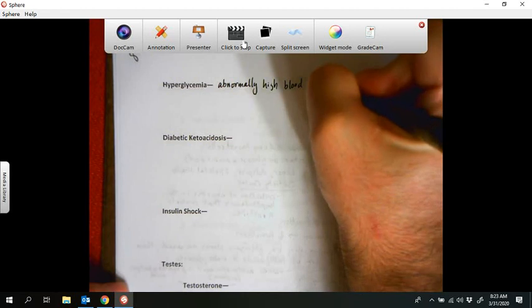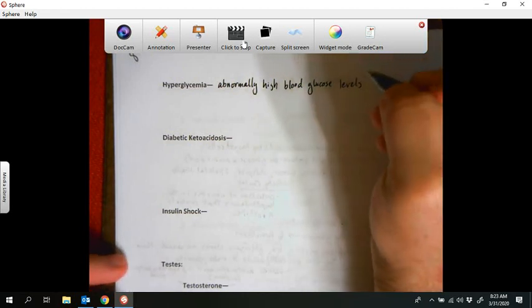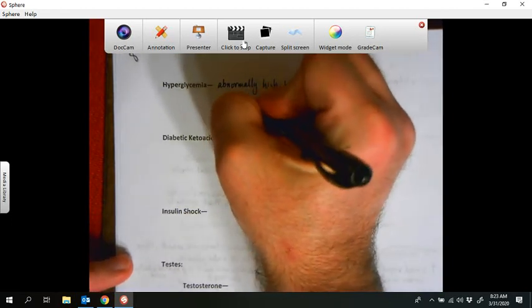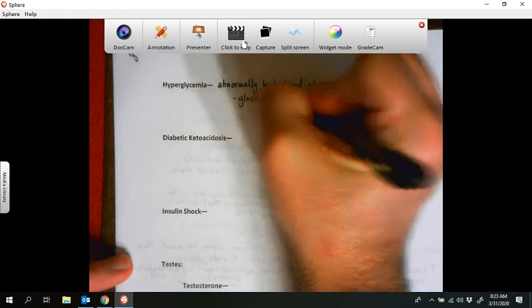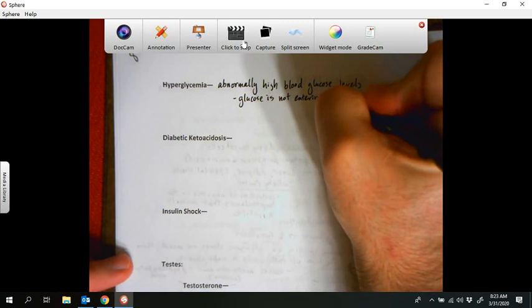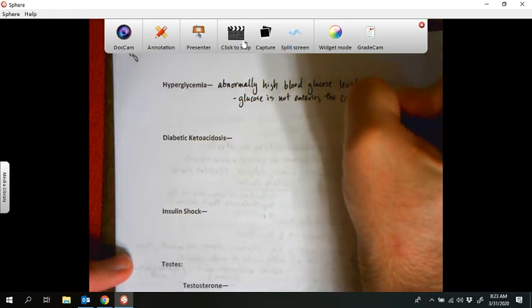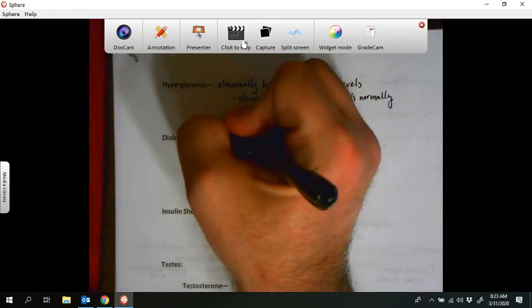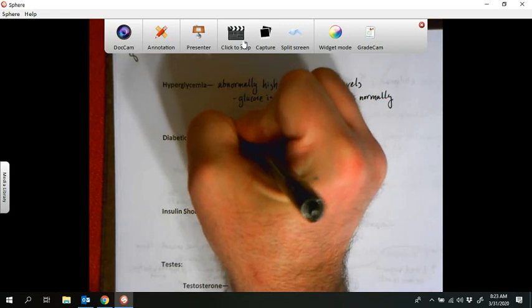This means that glucose is not entering the cells normally. And if we have an increase in glucagon destruction or conversion into glucose, that can also happen here and cause hyperglycemia.